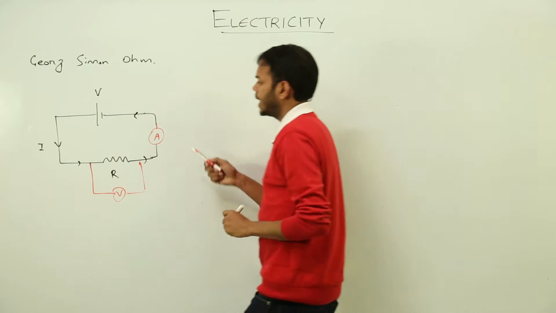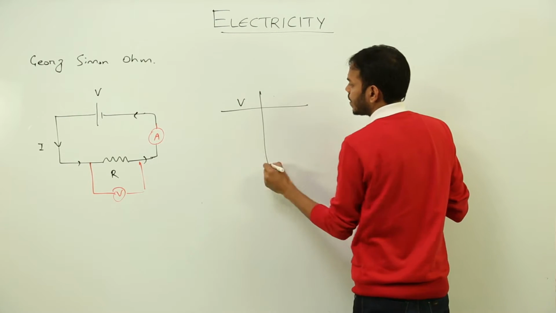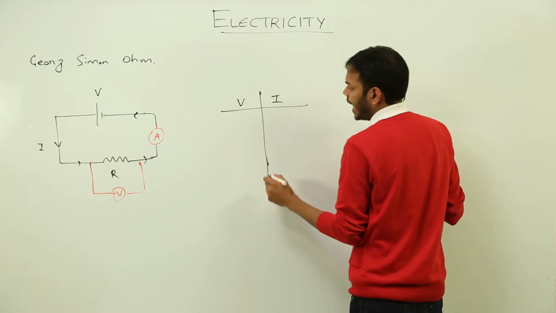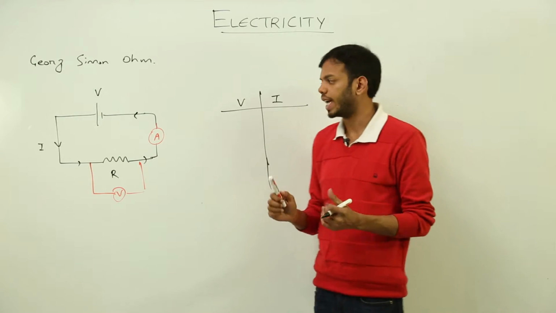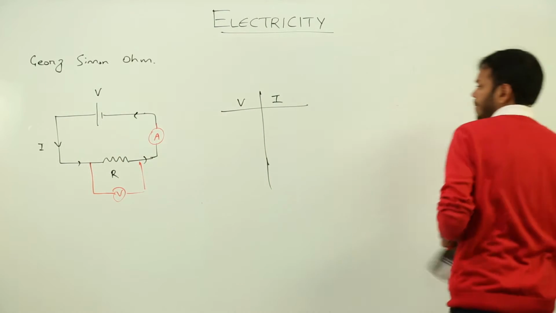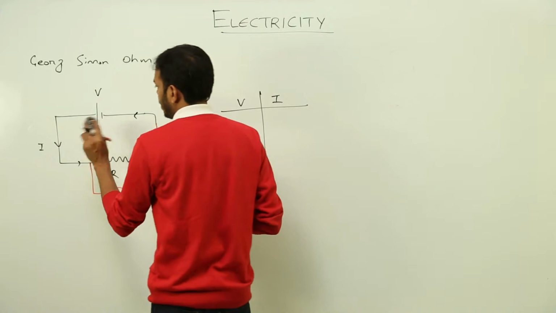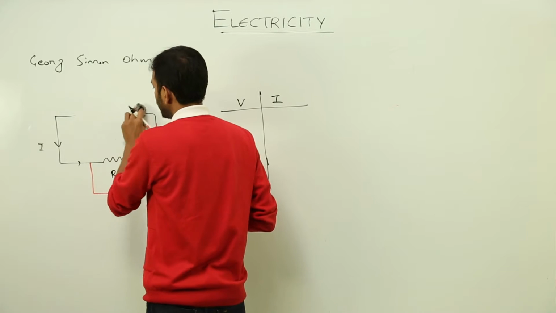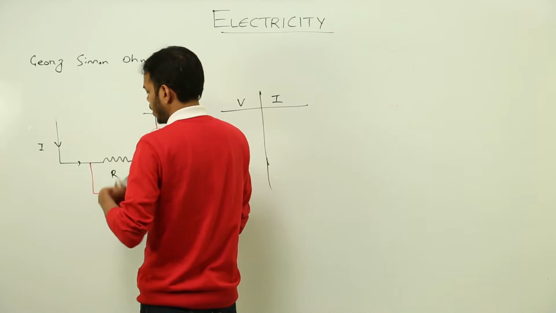What he did, he measured the value of voltage and current and put it in a tabular form in this circuit. But he was not satisfied. What he did now, what he changed in the circuit was, he kept the ammeter, voltmeter and resistor as they are, but this thing was changed.